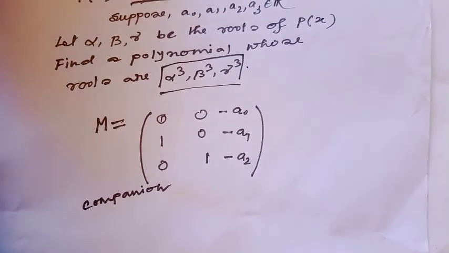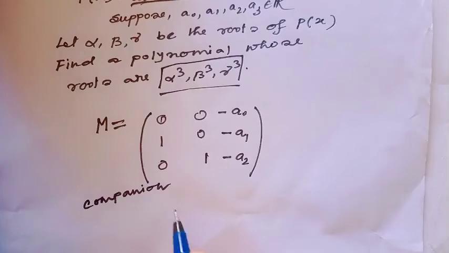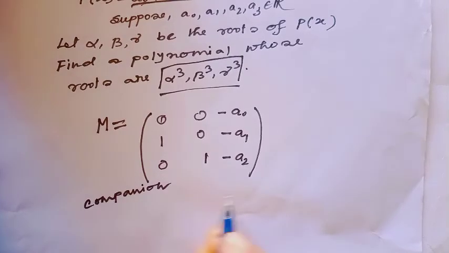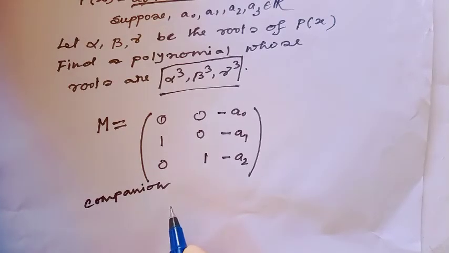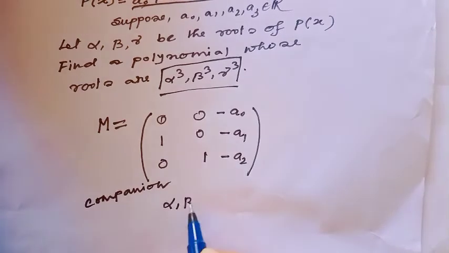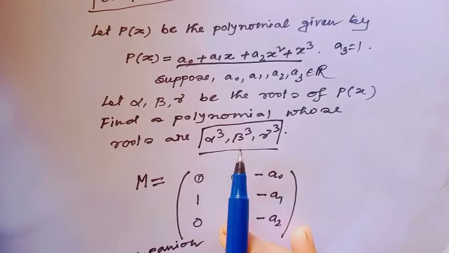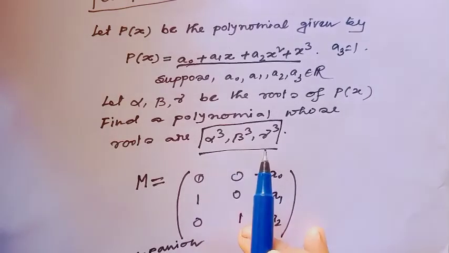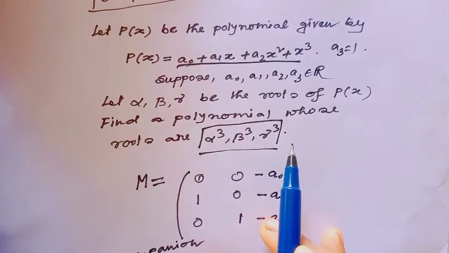And for this matrix, by the characteristic polynomial I can get 3 roots: alpha, beta, gamma. Here the question is to find the roots alpha cube, beta cube, gamma cube of this polynomial.